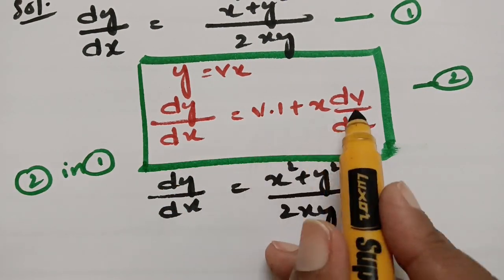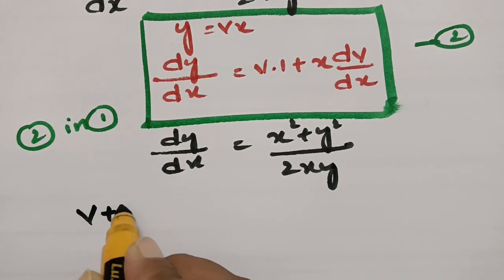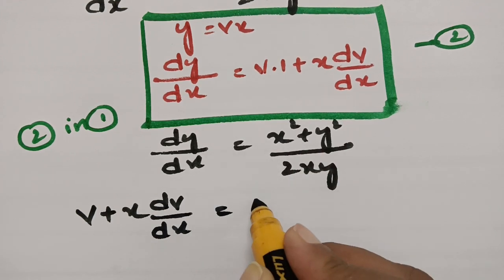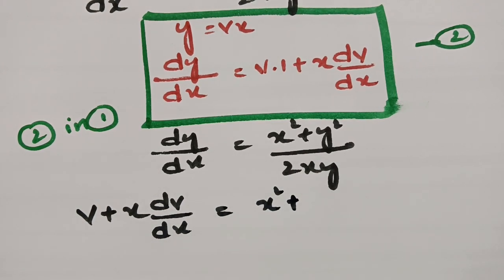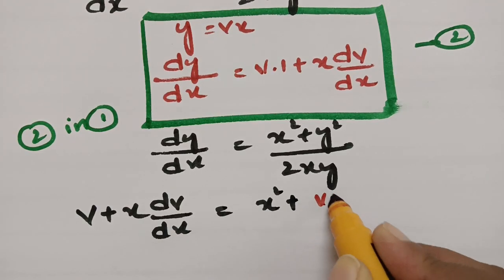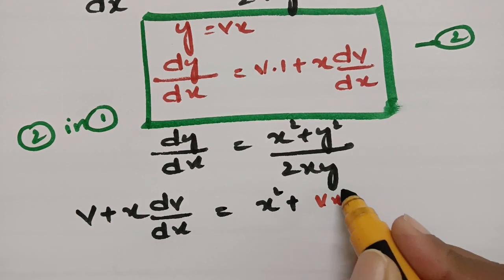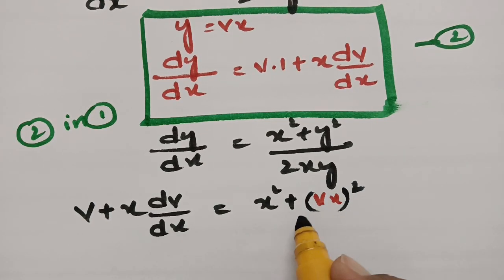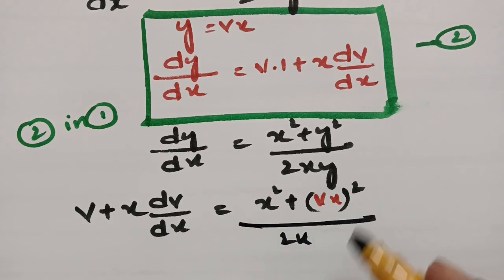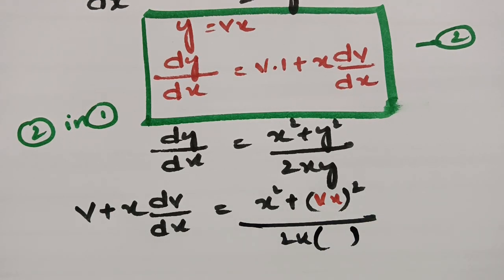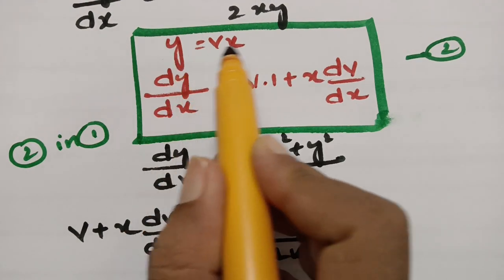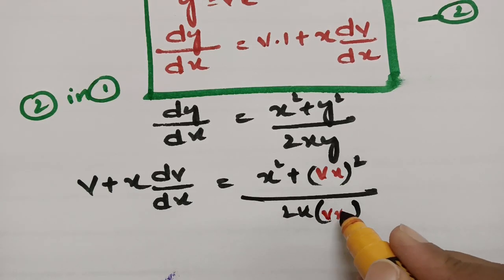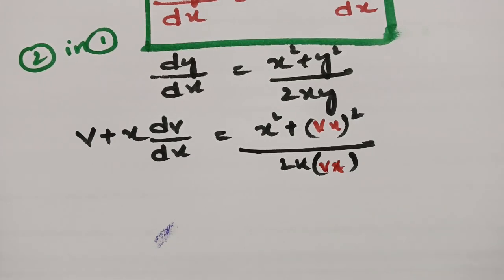In place of dy by dx I am substituting this one, that is v plus x into dv by dx, and here is x square, and now in place of y I am writing vx, so (vx) whole square by 2x times, again there is y here, I am putting y as vx. So this is the substitution which we have to use in equation 1. And now let's calculate this one.